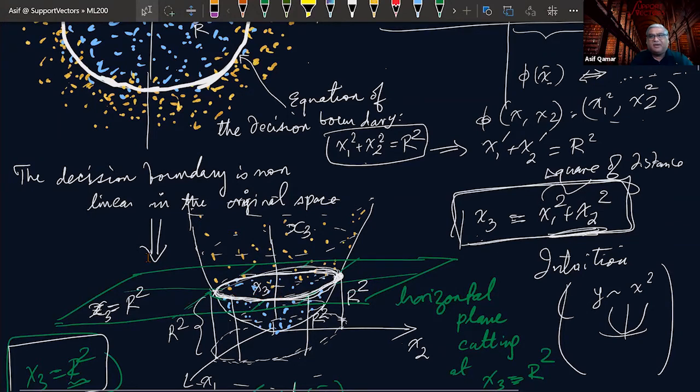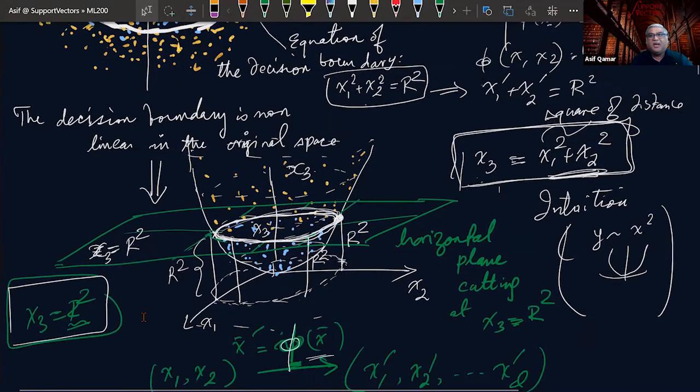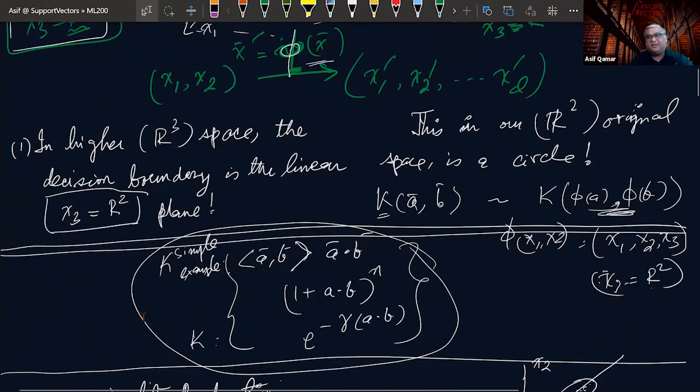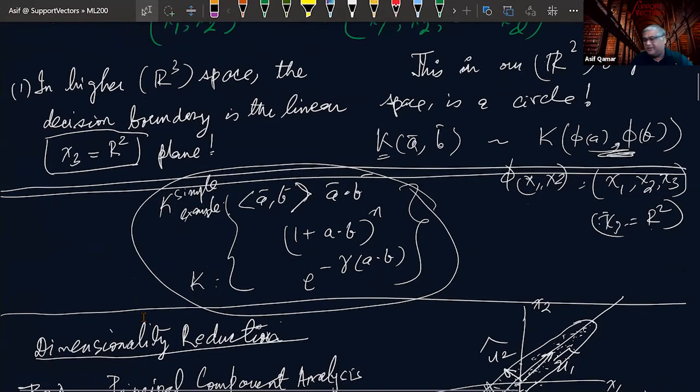But how are we defining the decision boundary in a higher dimension space? We have linearized it because for us, it is this x3 equal to r square plane. It's just a simple flat horizontal plane that cuts through the parabolic surface. And it's an illustration of the fact that you can take data, lift it to higher dimensions, and get away with linearizing it. And once you have that, you solve the problem.